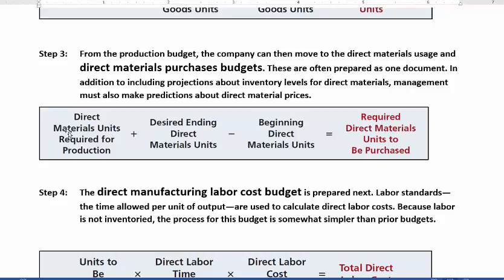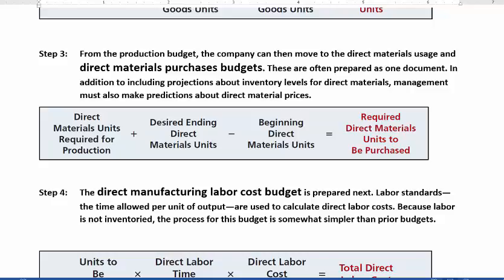So imagine how involved this can be at a company that has multiple items that go into making one unit of widget. All right, so direct materials units required for production.